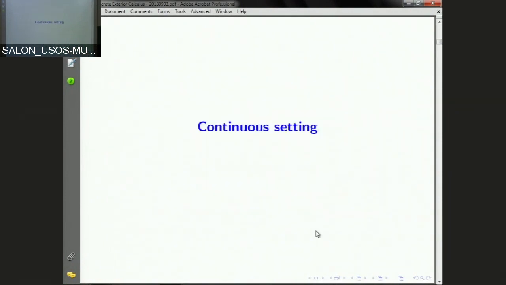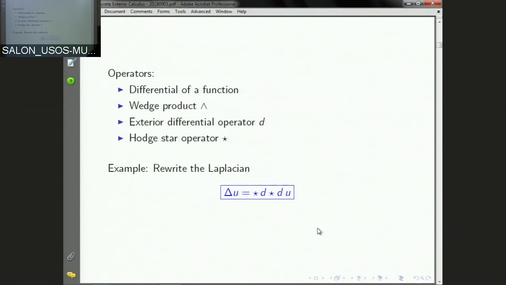So, before discretizing anything, I need to remind you or introduce you to the continuous setting concepts. I mean the exterior differential, the exterior derivative, and the Hodge star operator, and so on. So that's what I will do in the next several minutes.